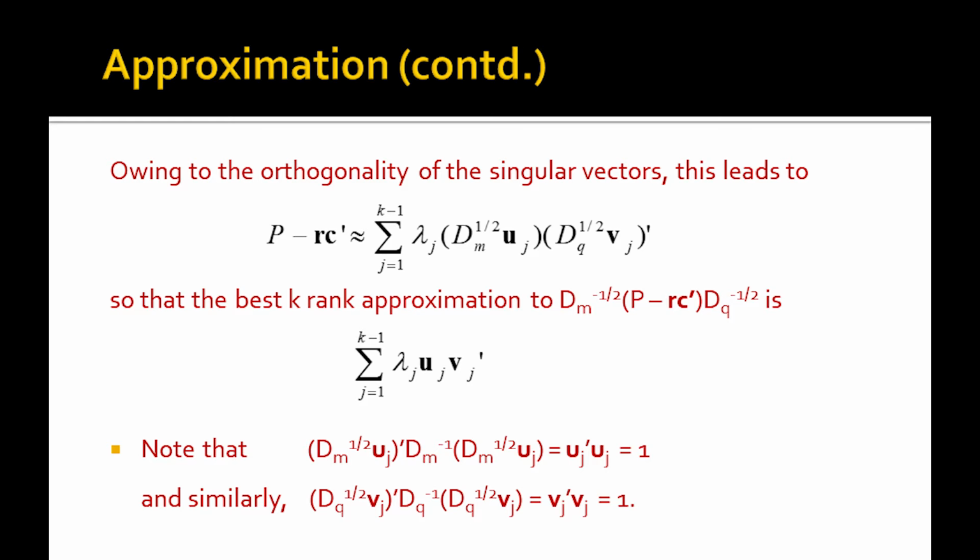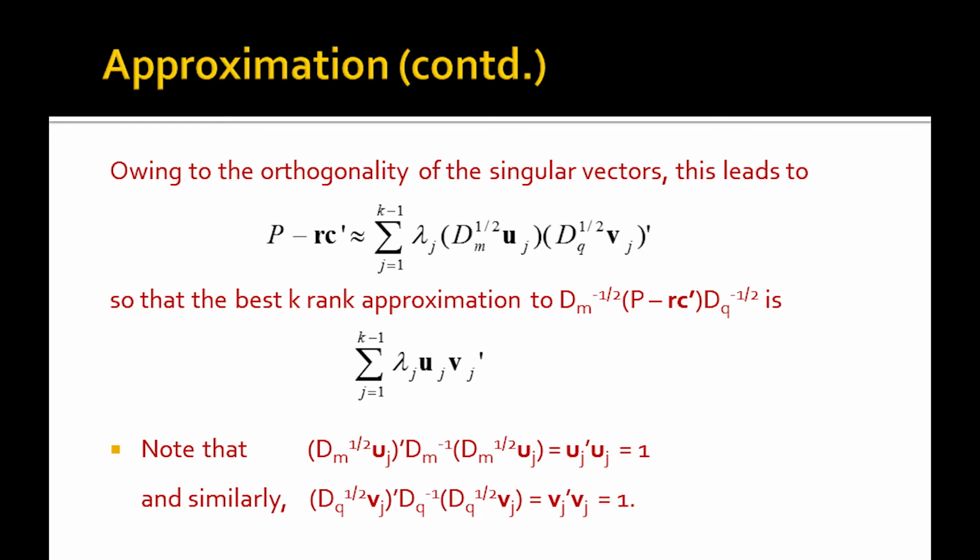We take P minus RC prime, and this is approximated by the first k minus 1 terms of the q minus 1 terms remaining. So we discard the last q minus k terms and just retain the k minus 1 terms.